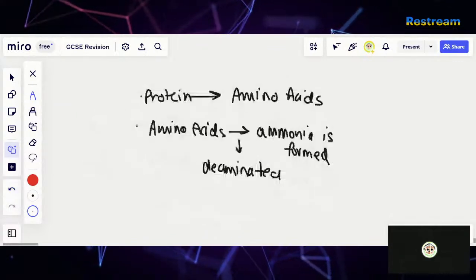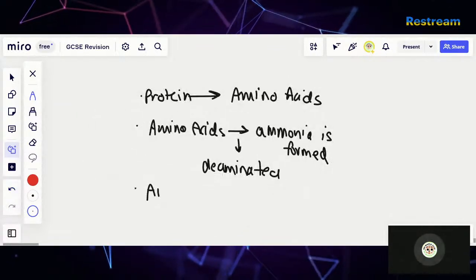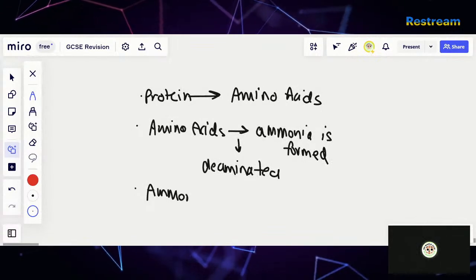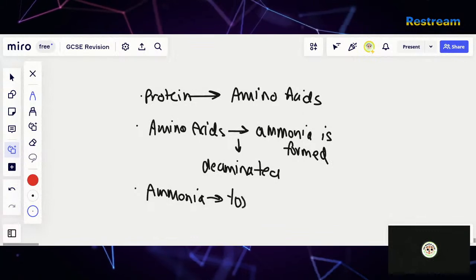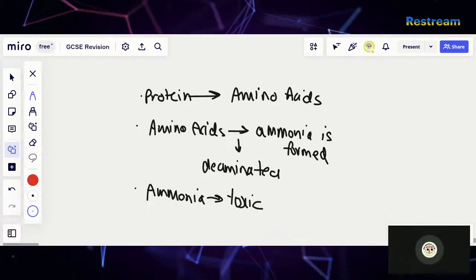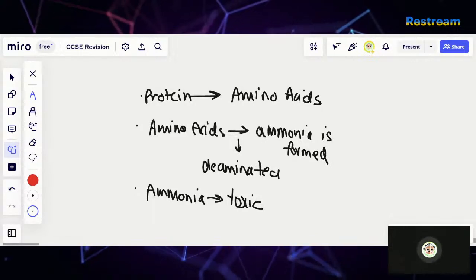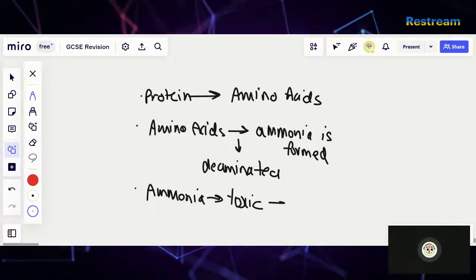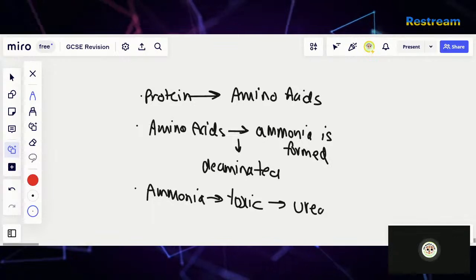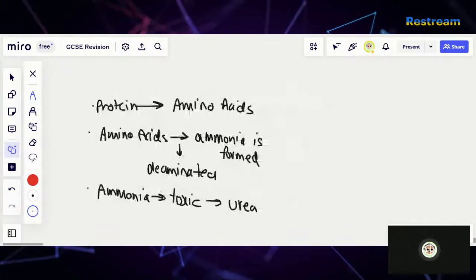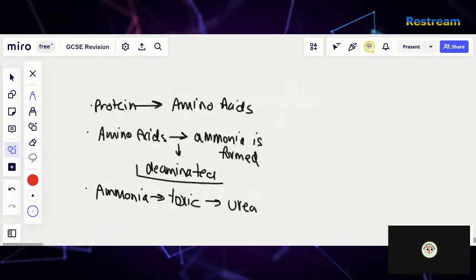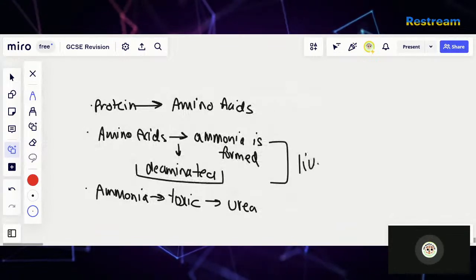Now we have ammonia, but if you know anything about ammonia, it's the thing that's in stuff like hair dye. Ammonia is actually very toxic. And because it is toxic, it needs to be converted to something else. So it's then converted to urea. Now, the process of deamination actually happens in the liver.